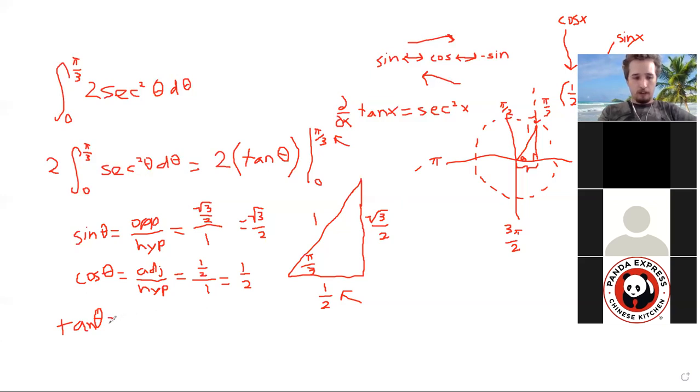So tangent is a bit different. Tangent is equal to sine over cosine. If you just look at SOHCAHTOA, you also know that it's equal to opposite over adjacent.